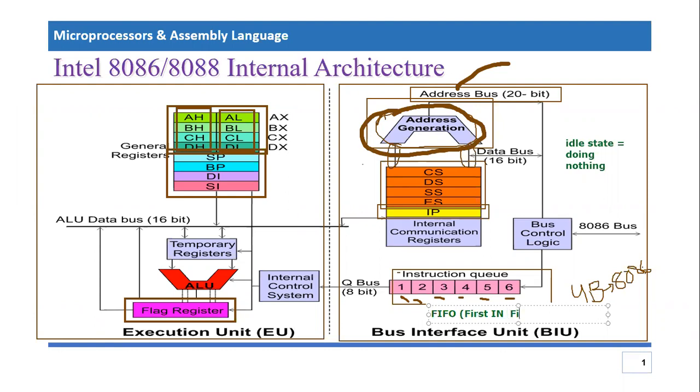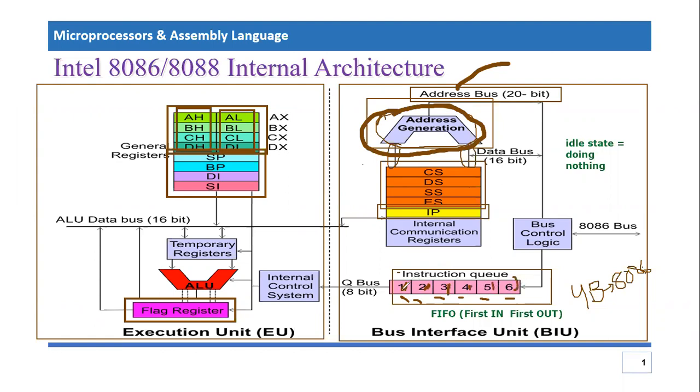First in, first out. That means the byte which is fetched first will be served first. Let's say I'm bringing the very first byte, it will be stored here. Then the second byte will be stored here, then the third byte, the fourth byte, fifth byte, sixth byte.